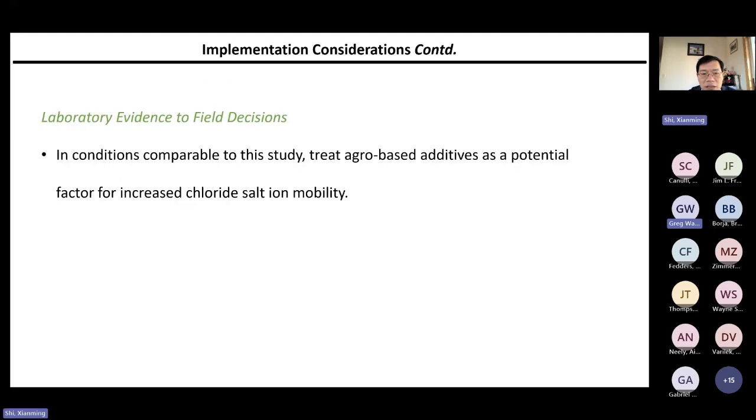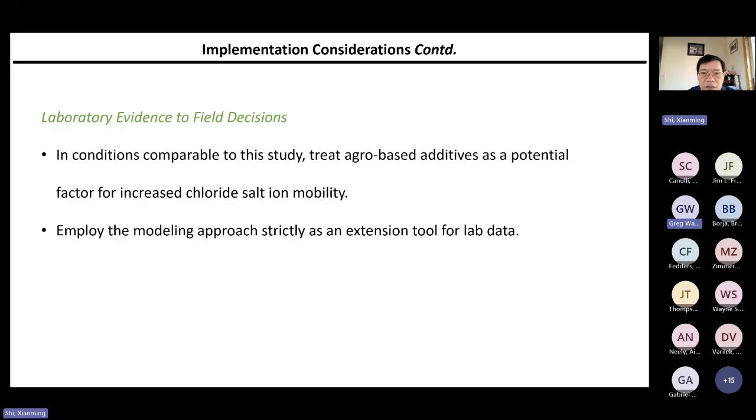Now, yet another one is, in conditions comparable to this study, treat agro-based additives as a potential factor for increased chloride salt ion mobility, as we saw earlier, especially when it comes to sodium and magnesium cations. I should clarify that the original scope wanted to also look into calcium chloride, but it was agreed upon by the project panel after the survey results that we would focus on these two, which are the most commonly used deicers.